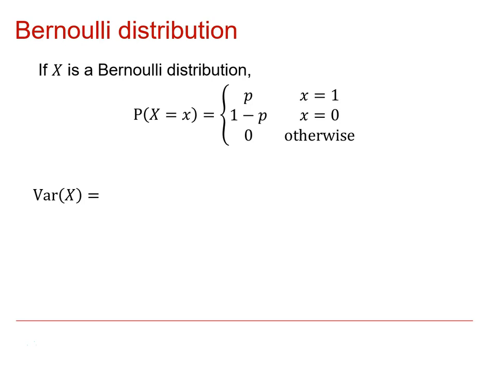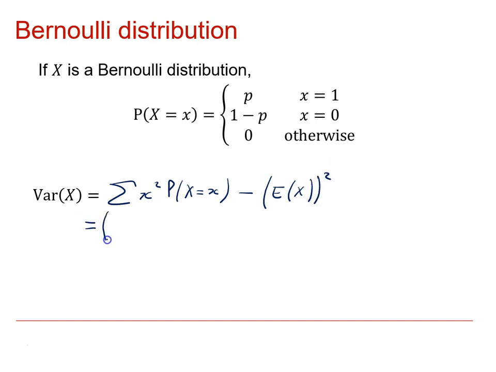Now, for a Bernoulli distribution, we can also calculate the variance, because the variance is going to be the sum of x squared times the probability that x equals x, minus the expected value of x squared.